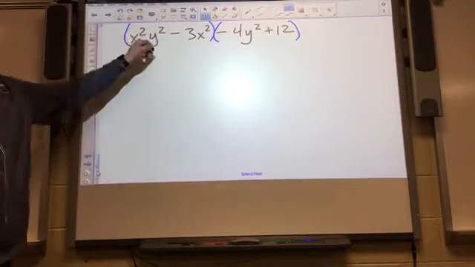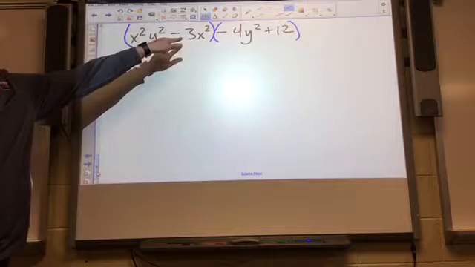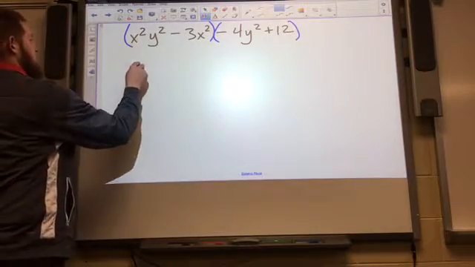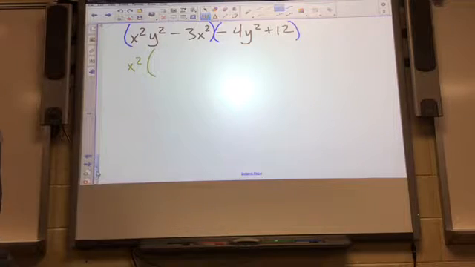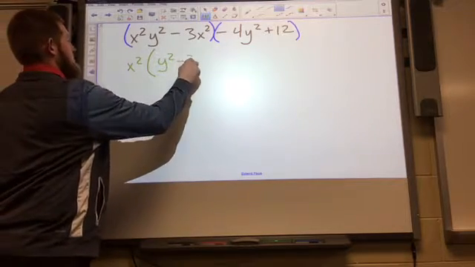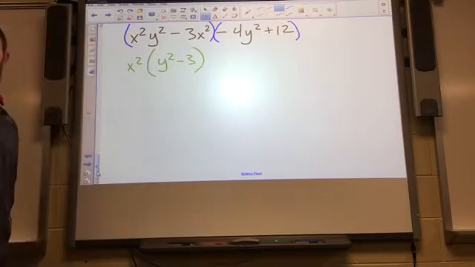What can I take out of both of these? X squared. Anything else? No. So I take out my x squared, and once I do that, Devin, what do I get? Y squared minus 3.